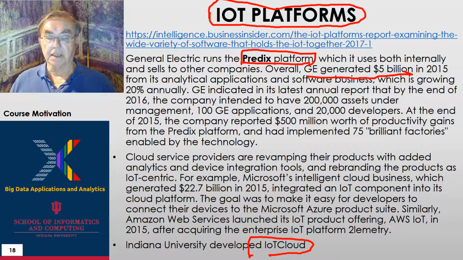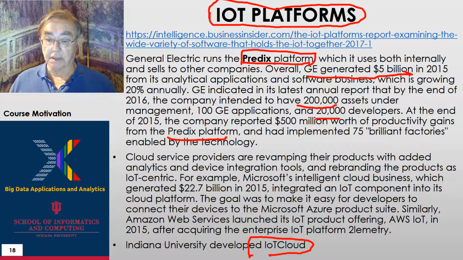There is an earlier slide that points out that GE engines produce more data than Twitter. So there are 200,000 assets being managed by systems like Predix, and they have 20,000 developers working on this problem. So GE, which is the classic US engineering company, is a software company. And they found Predix gave them 500 million. So maybe we can get 10 cents from our platforms.